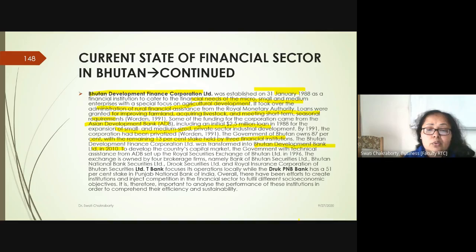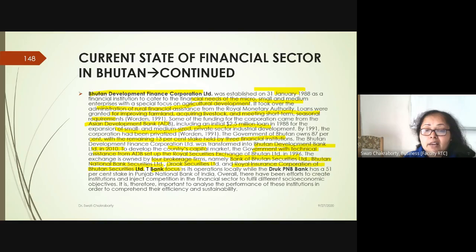To develop the country's capital market, the government, with technical assistance from ADB, set up the RSEB in 1996. The exchange is owned by 4 brokerage firms: Bank of Bhutan Securities Limited, Bhutan National Bank Securities Limited, Druk Securities Limited, and RICBL Securities Limited.